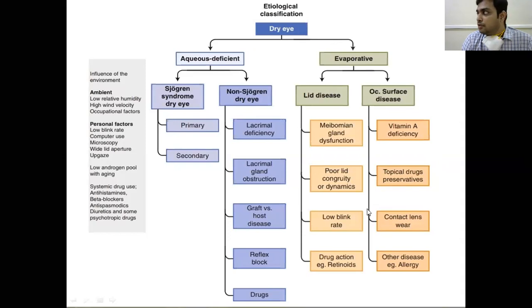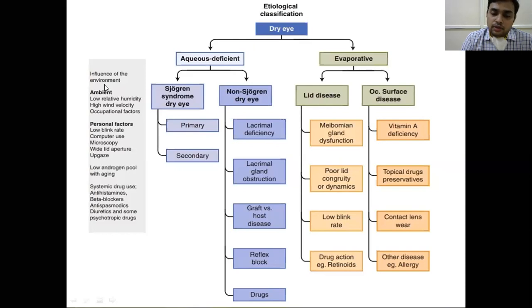And because of the usage of contact lenses, there is an insufficient precorneal tear film, and there is also decreased sensation of the cornea, so the reflex lacrimation is decreased, and finally it leads to evaporative type of dry eye. And certain ocular diseases like allergic conjunctivitis also cause evaporative type of dryness.